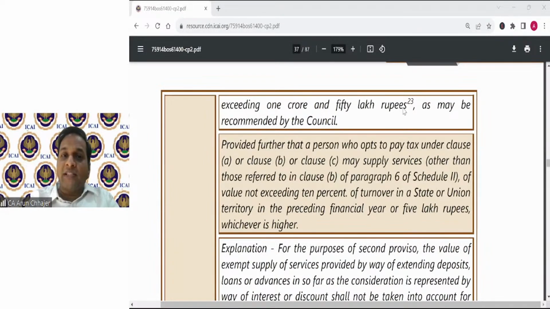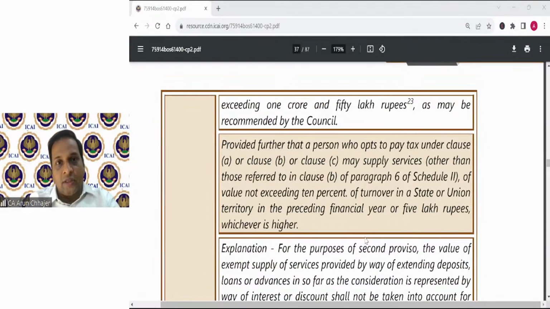But how much is the amount? Not exceeding 10% of the turnover in the state or UT in the preceding financial year or 5 lakh, whichever is higher.